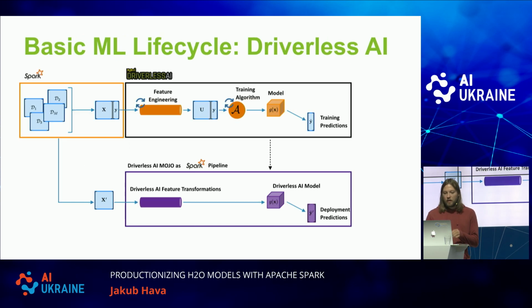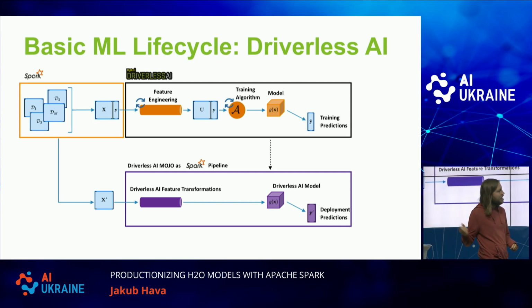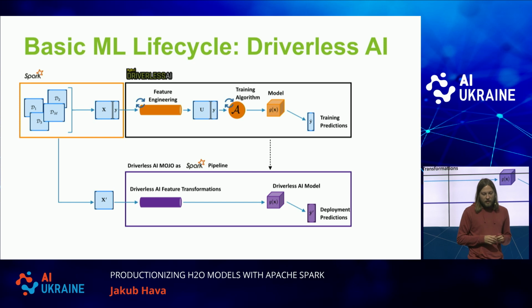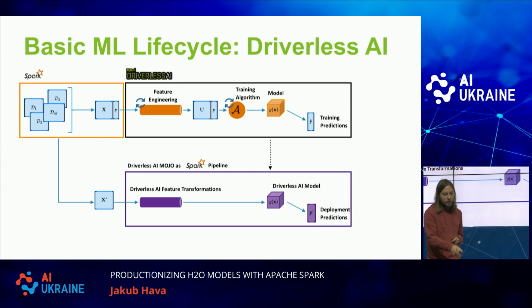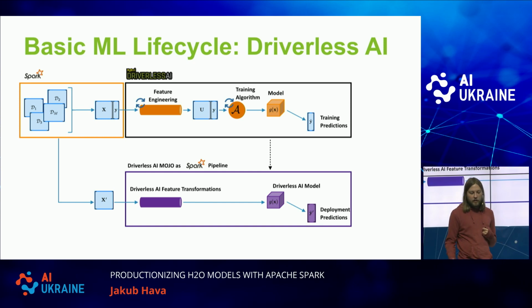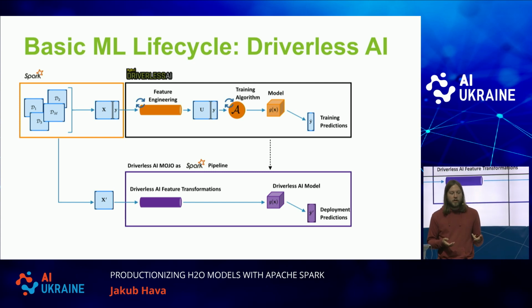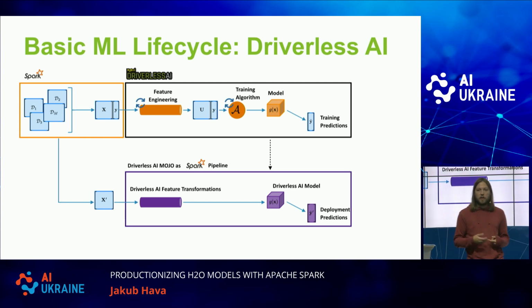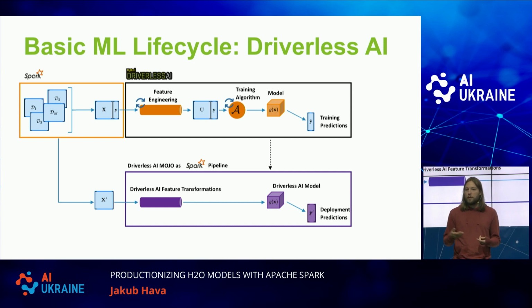So how would the implementation look, having in mind what I just said. This time, the orange box represents just Spark, and it's used for data cleansing, filtering your data. Driverless AI will take care of the rest. You will upload the data set there, it will do feature engineering, it will train the model, and it will give you the model artifact called the MOJO pipeline.